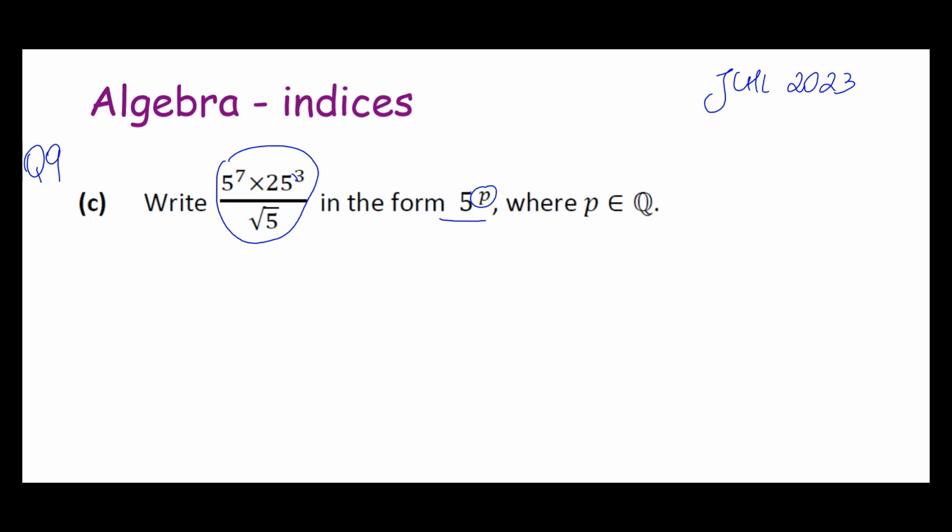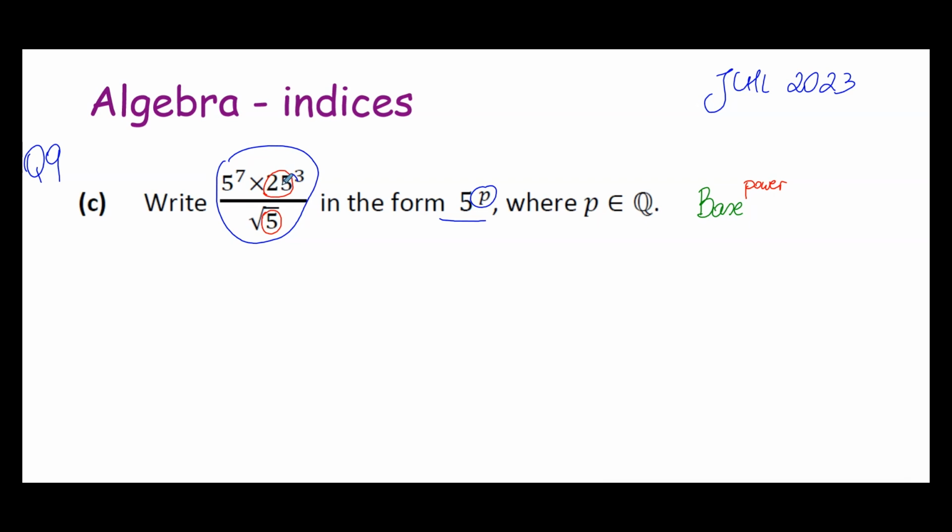So I need to start writing these items in a different form. I know that eventually I'm going to the place where I'm going to have 5 that is taken to the power. So 5 is my base, and then p is my power. And I'm saying, okay, I have this 25 here, and then here I have a square root of 5. So I need to consider, can I write them in a different way?